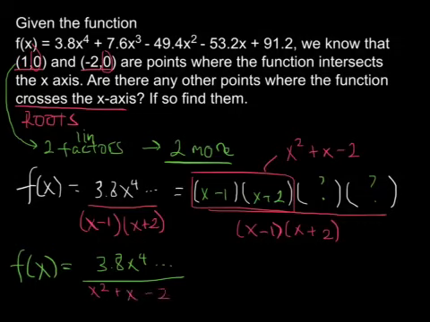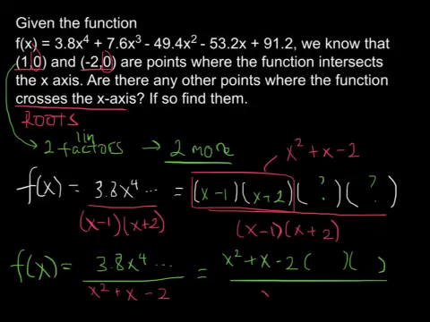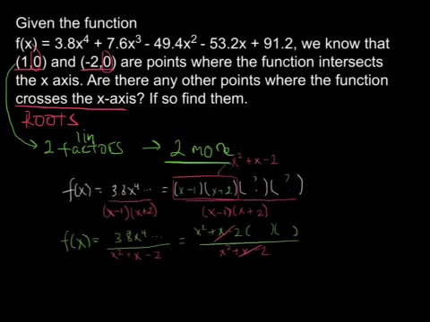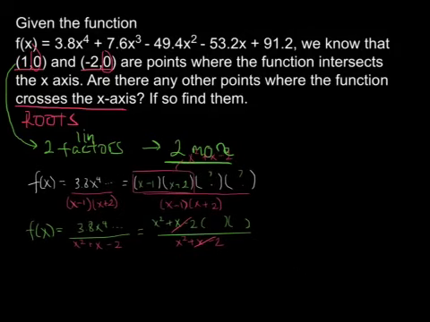And on the other side, we're also going to divide, and we're going to have x squared plus x minus 2 times both of our missing factors, and we're dividing, of course, by x squared plus x minus 2. And so these will cancel. I'll be left with exactly what it is that I'm looking for, which are going to be my 2 missing factors.